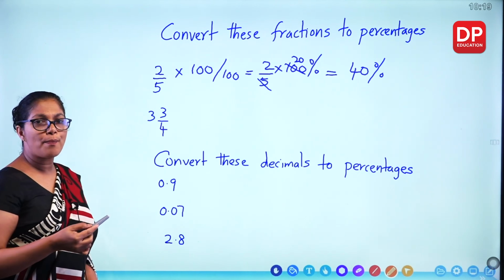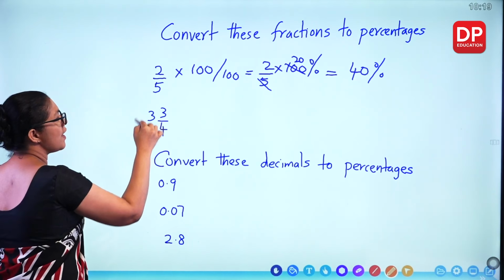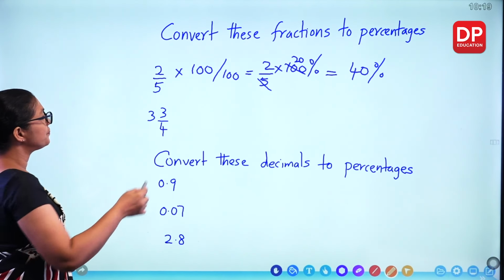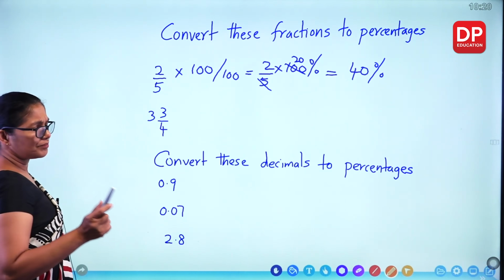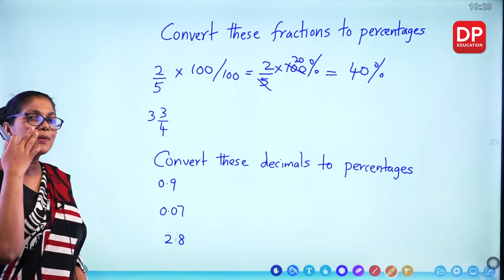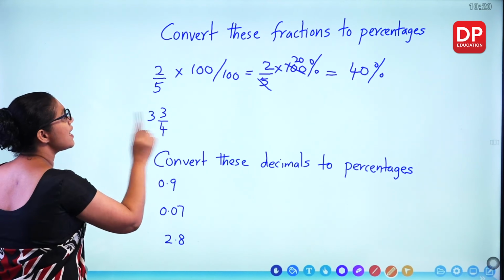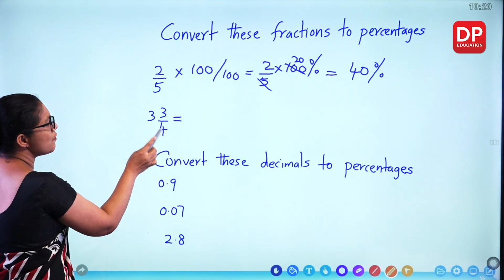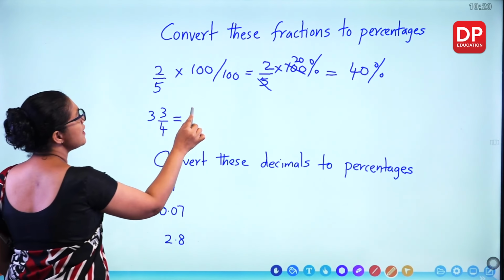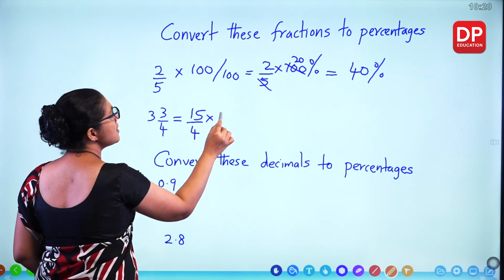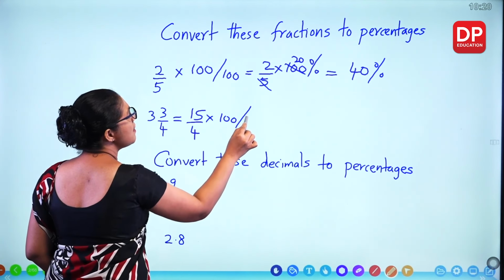Now this is an improper fraction. How can we find out the percentage value? This is a mixed number. How can we convert to percentages? First we can write as an improper fraction. 4 times 3, 12, 12 plus 3, 15 over 4. Now I can multiply and divide by 100.